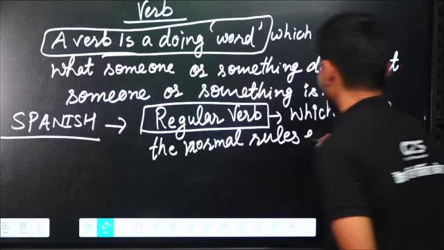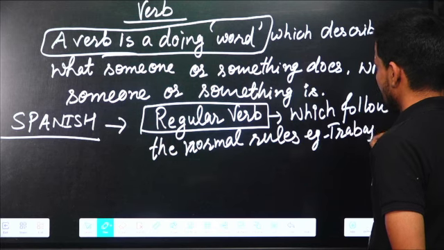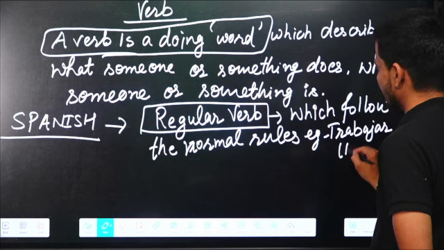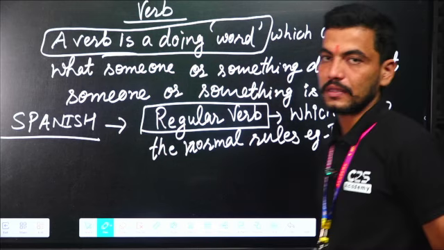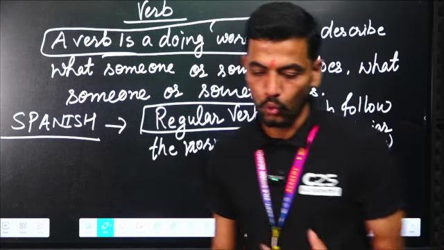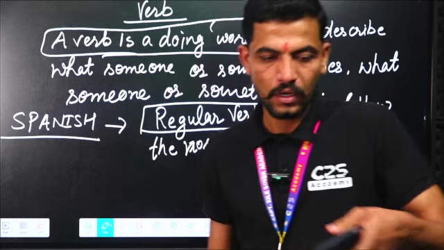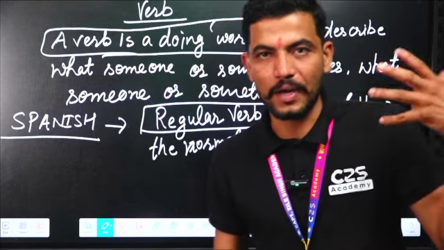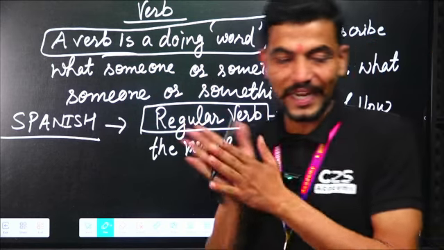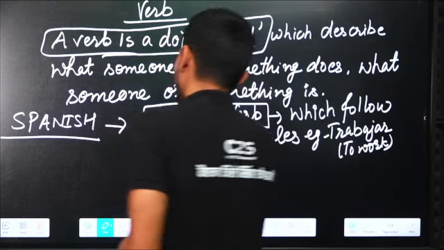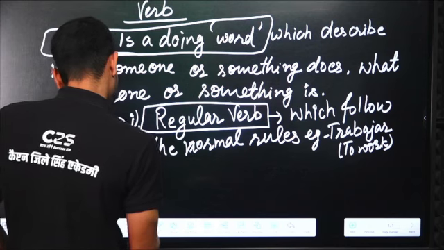For example, trabajar. Trabajar means to work. So it follows the common rule. Trabajar is the verb. Trabajar means to work.